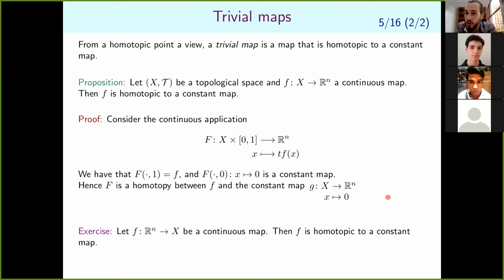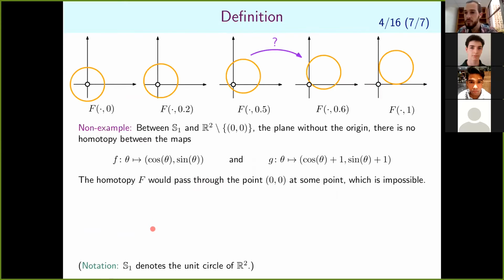So in conclusion, when we talk about homotopy of maps, we have to make sure that our domain or codomain are not the Euclidean spaces, or this is not very interesting. For instance, as we've seen before, if my space X is a circle and the codomain is the plane without a point, these two spaces are not Euclidean spaces. And so this is interesting to understand homotopies between them.